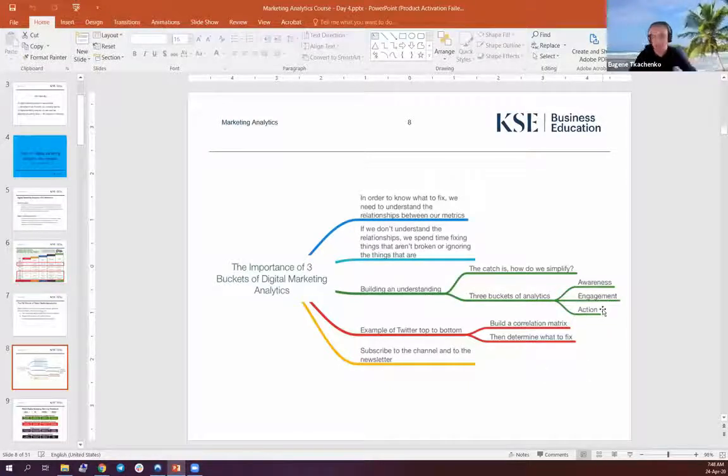Simple as that. If we don't go too deep into categories, we are dealing with all interactions at the awareness, engagement, and action stages. But at the same time, we need to know how, first of all, the progression goes from the awareness stage to the engagement stage, and then from engagement to the action stage.